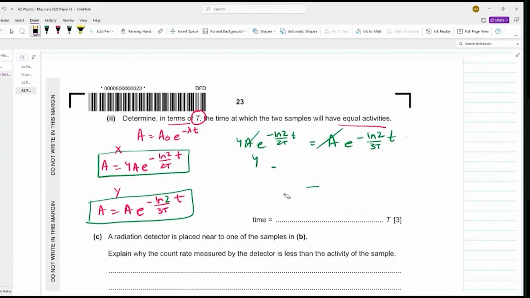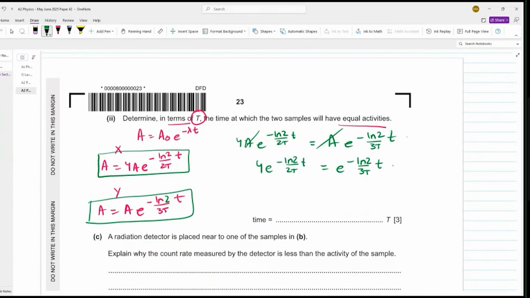What I have done here, let's choose a much simpler solution. 4e minus ln2 divided by 2t into t is equal to e minus ln2 divided by 3t into t. What will you further do?